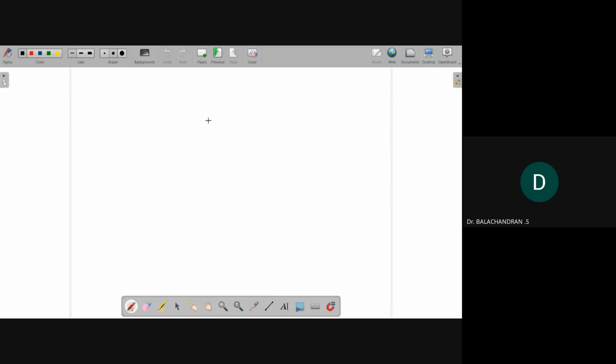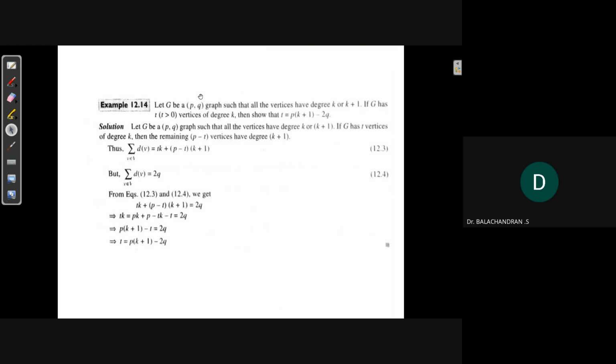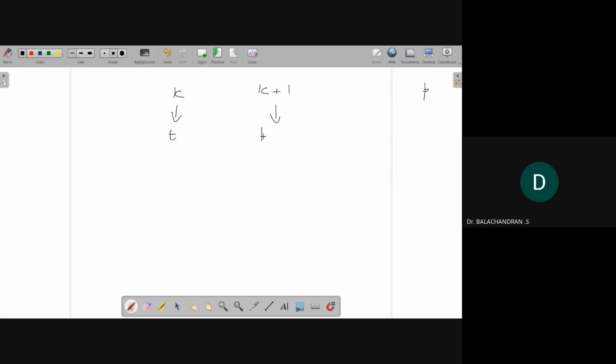So every vertex has degree k or k plus 1. Degree k has t vertices. The total number of vertices is p because it is a (p, q) graph, so the remaining vertices of degree k plus 1 number p minus t.